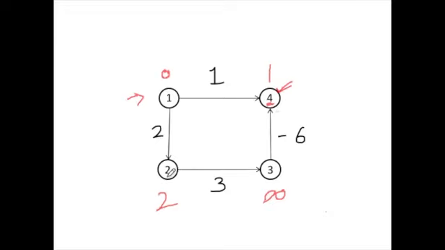The next smallest one is 2 and the shortest path is 2. And from here I see that this can be relaxed, so I'll change it to 5. Now the next one remaining is this one. So I'll select this, and once I select this, I'll see whether the other vertices get relaxed. 5 minus 6 is minus 1.